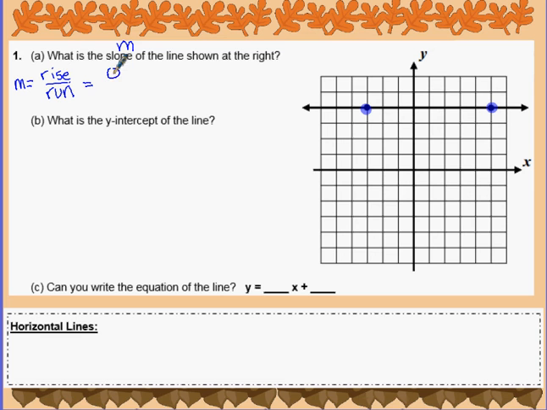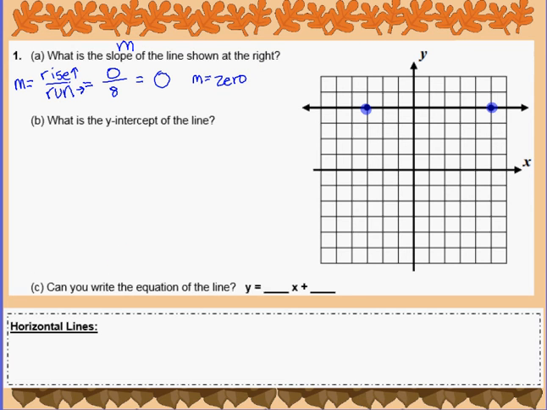So we rise 0, but we run over, let's count, we run over 8 units. I rise 0, run 1, 2, 3, 4, 5, 6, 7, 8. So 0 divided by 8 is equivalent to 0. So m equals 0. The slope is 0.